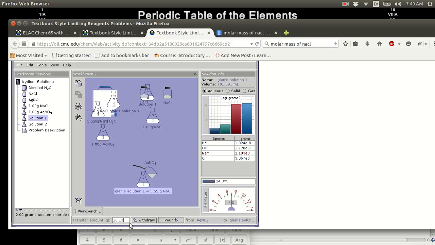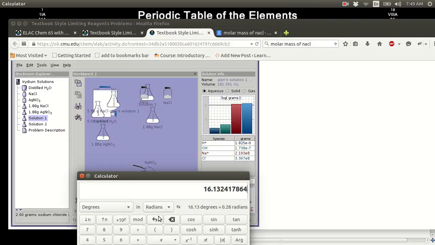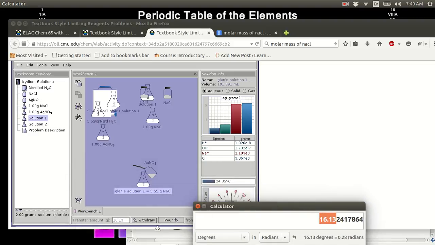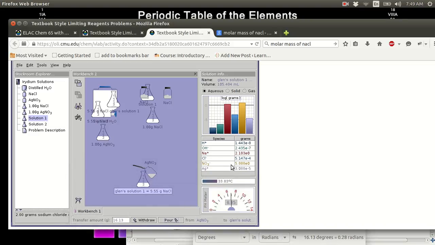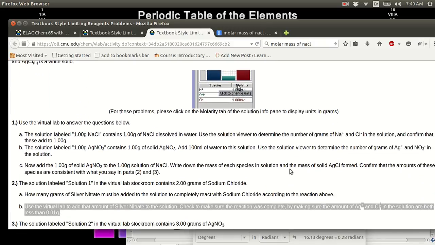If I add 16.13 grams by doing 4 significant figures for my calculation, then I get a very nice 0 chloride ions. That is E minus 4 and less, that is equal to 0. And then I'm going to be answering the question of number 2A, I mean 2B.